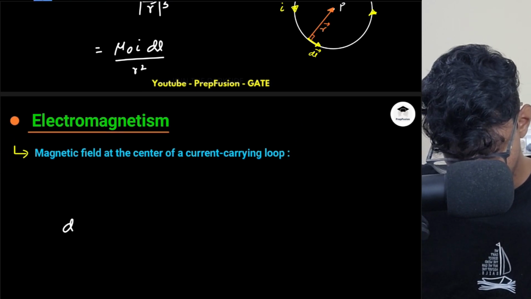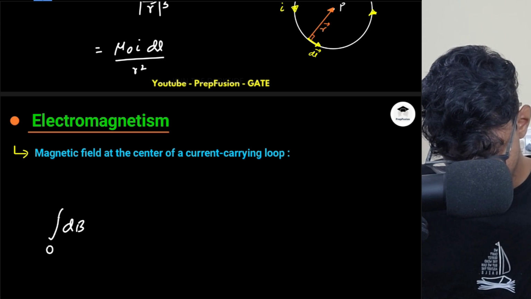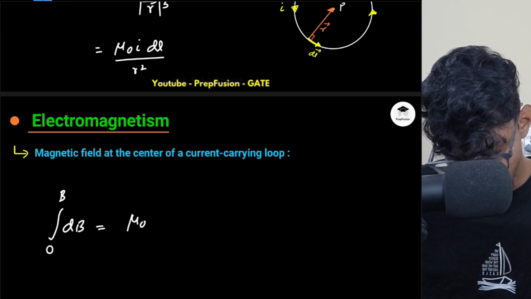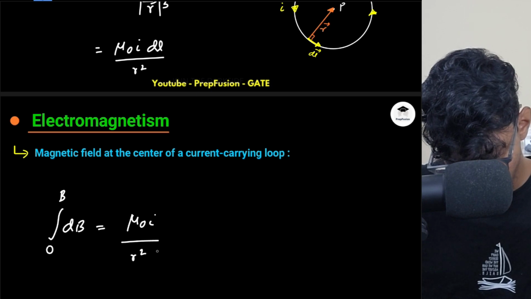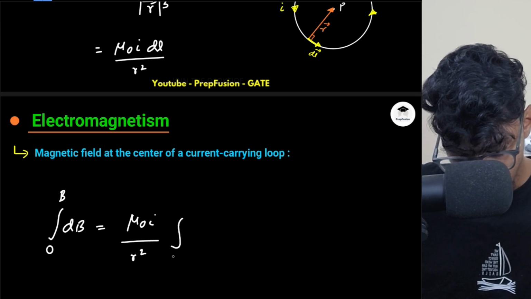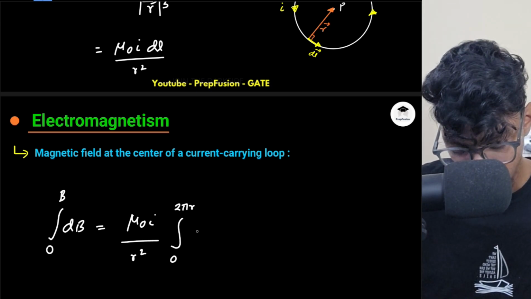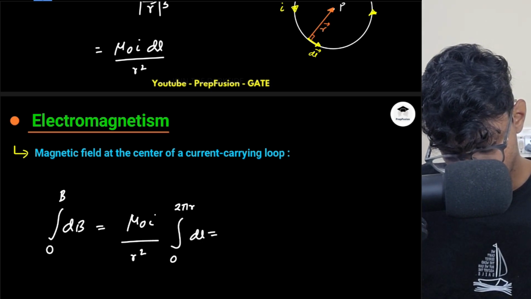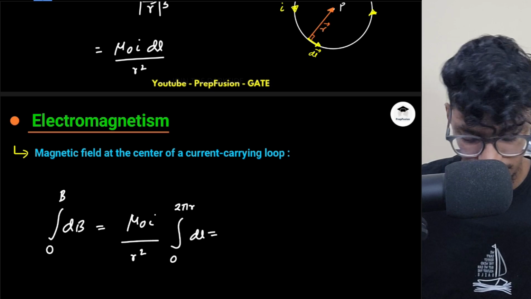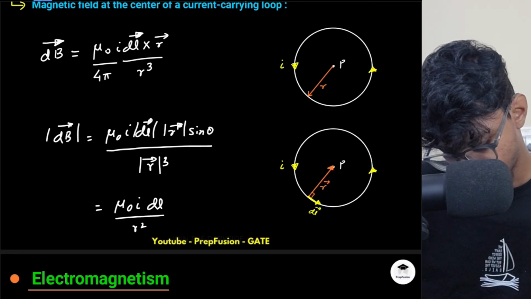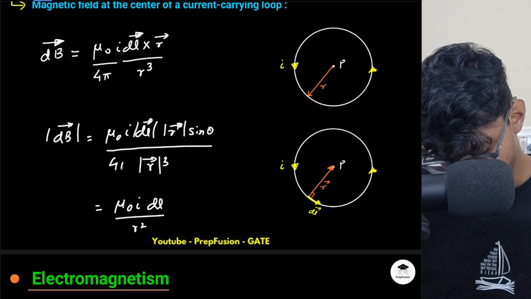So I will say dB, integration from 0 to B, equals mu naught I by 4 pi r square. All these are constant. My length is going from 0 to 2 pi r, the circumference of the circle, dl. So this will come out to be, okay, 4 pi is also there, I forgot, 4 pi should be there.